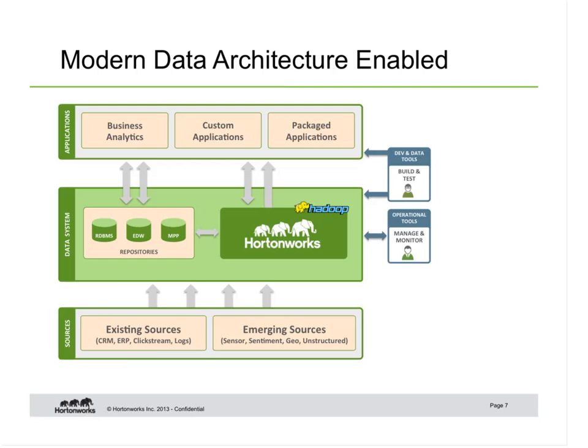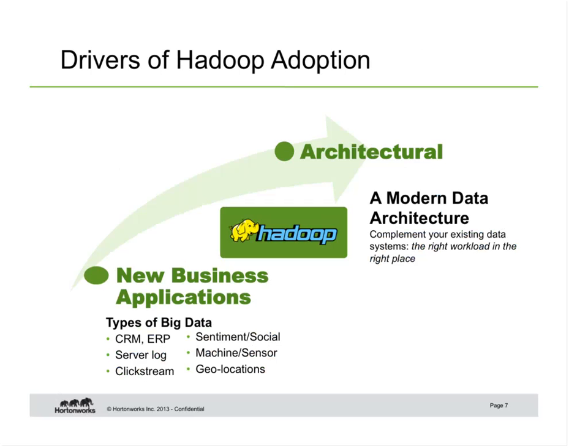So let's dig deeper into some of the drivers of Hadoop adoption. There are two drivers that I outlined before, and I want to dig into them a bit. There are new business applications, and what I mean by that is there are new types of data that have become important to organizations and also possible to capture, that are now driving new business applications.